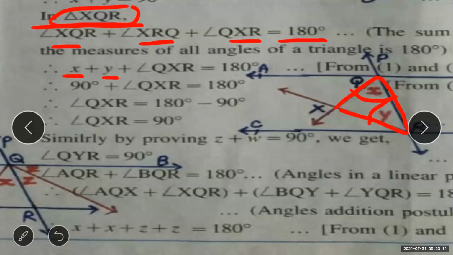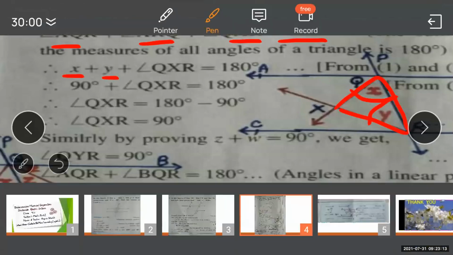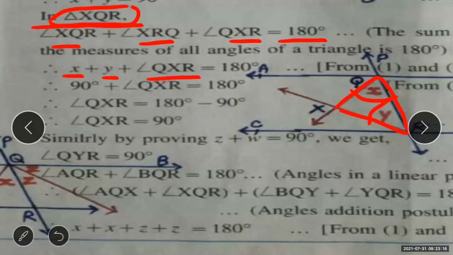And the last one, angle X, we don't know the value of, so it stays as it is, equal to 180 degrees. Now as we know that x plus y equals 90, I put the value here, 90 degrees, and angle QXR remains as it is, equal to 180.